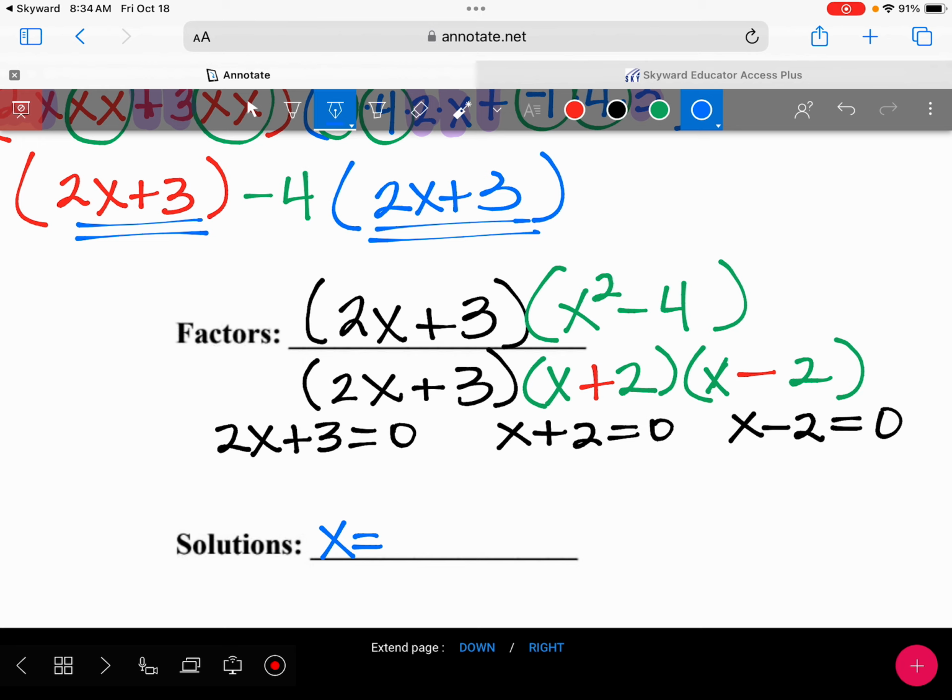So we subtract the 3, we divide by 2, so our first answer would be negative 3 over 2. Our second one, we just subtract the 2, so that would be negative 2. And the third one, we add 2.